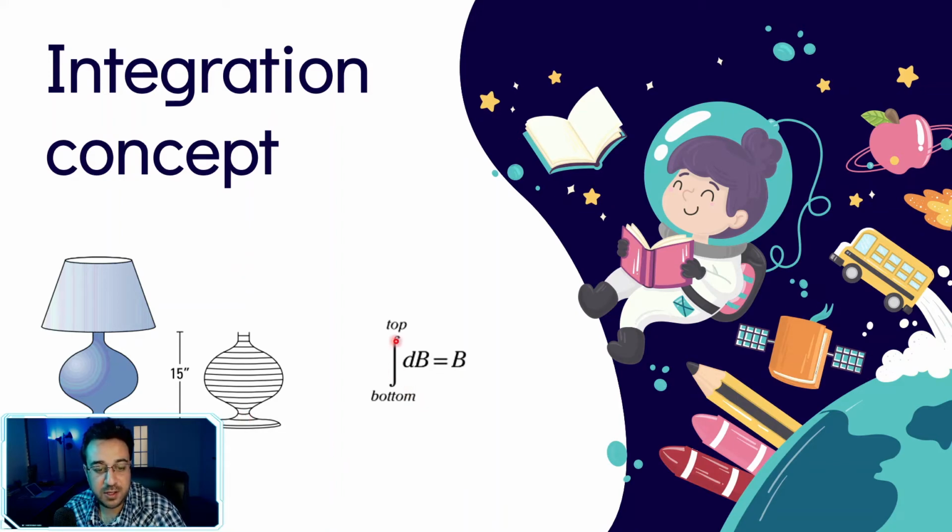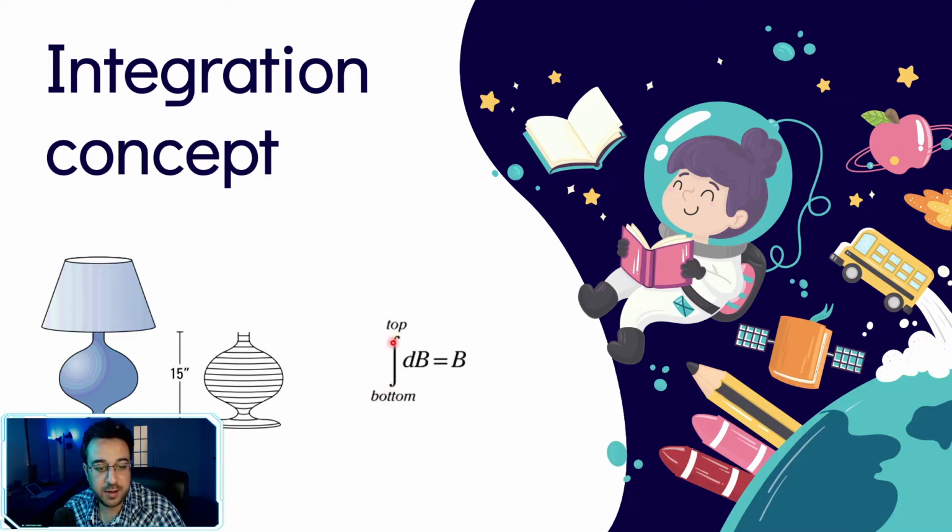So if you imagine, integration has this symbol. You have the integration of dB equals B. dB means each little section that you did, that's represented as a dB. We usually do the integration from a certain area to a different area.